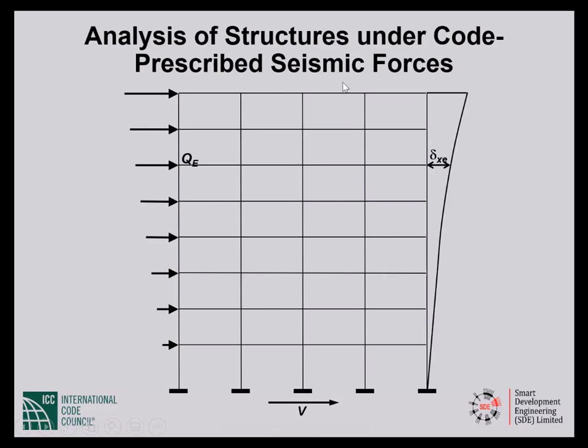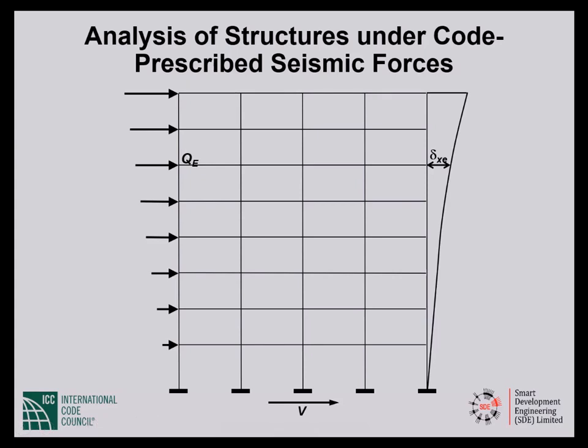We elastically analyze our structure under those distributed forces. That analysis gives us two very important things. It gives us bending moments, shear forces, axial forces at various critical sections of various structural members, the generic notation for which is capital Q sub capital E.